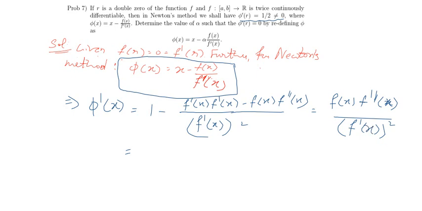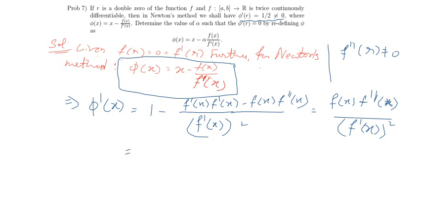Now what we are supposed to find is phi dash of R. Note that f is a twice continuously differentiable function, and R is a double zero. R is a double zero means f of R is 0, f dash of R is 0, but f double dash of R is non-zero.